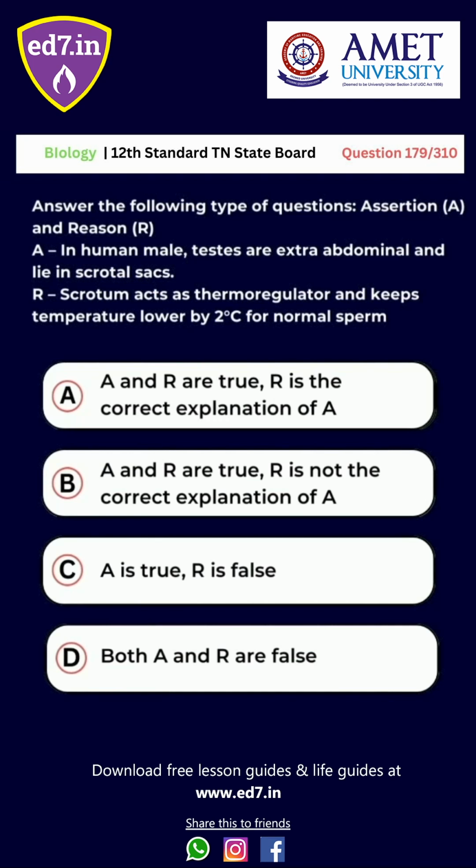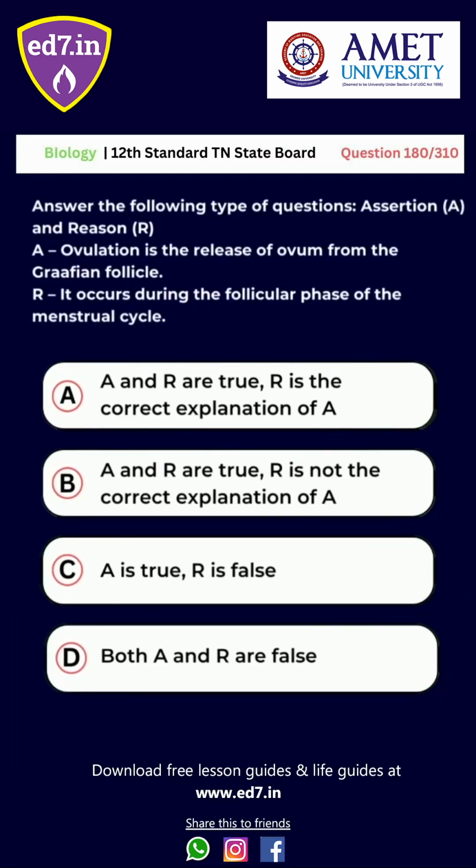Option A. A and R are true. R is the correct explanation of A. B. A and R are true. R is not the correct explanation of A. C. A is true. R is false. D. Both A and R are false. The answer is option A. A and R are true. R is the correct explanation of A.